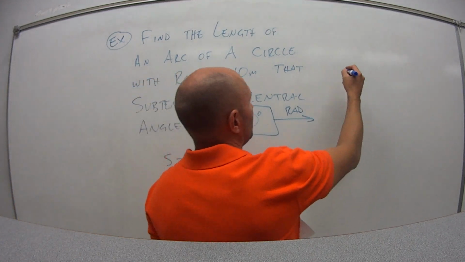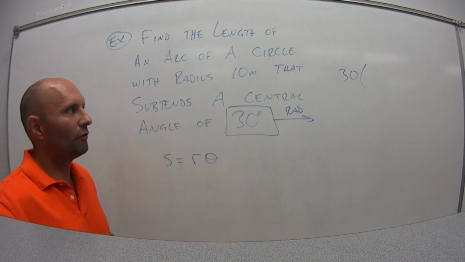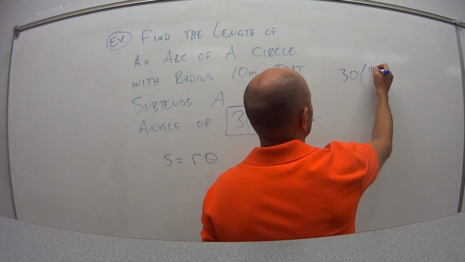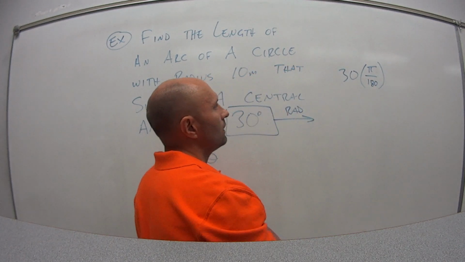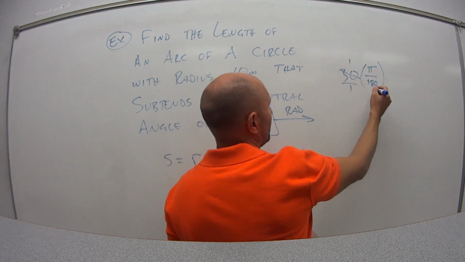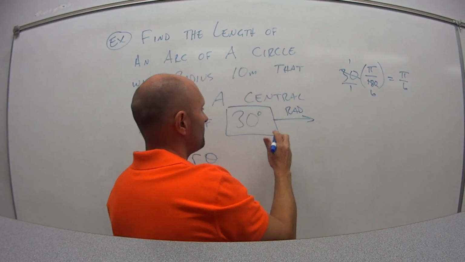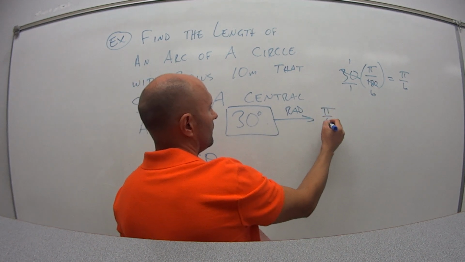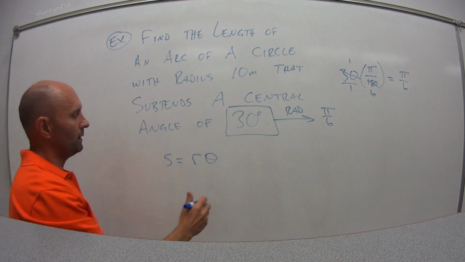If we want to go from degrees to radians, what do we do? We multiply by pi over 180. When we do that to 30, this is like 30 over 1, so the 30 cancels with the 180, gives us 6. So this is really pi over 6 radians. Now we can use this formula.